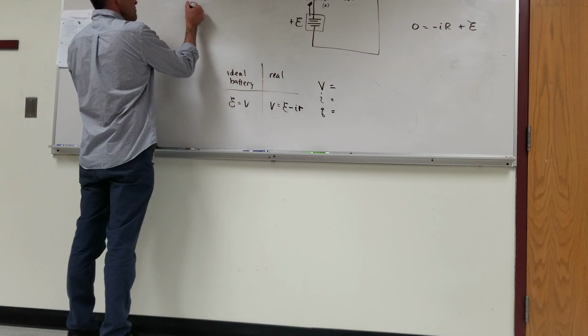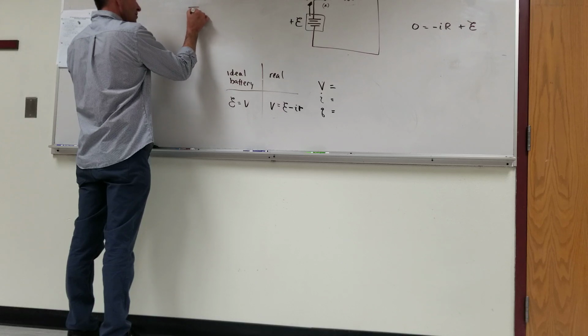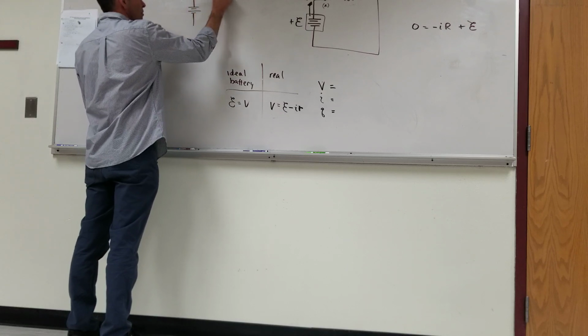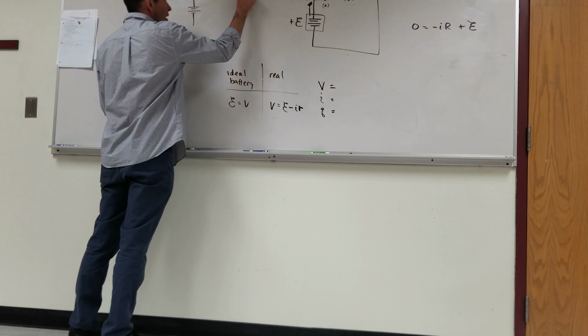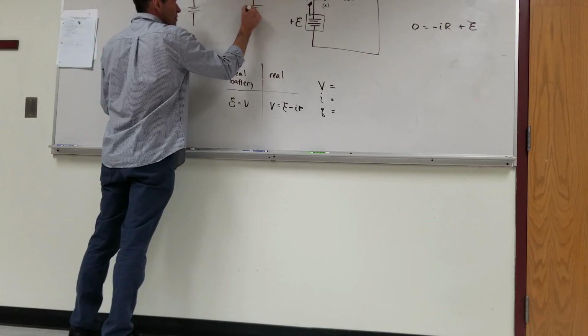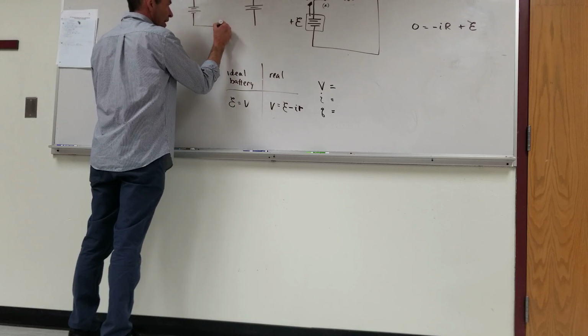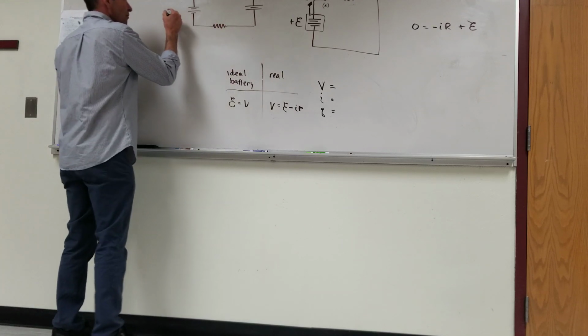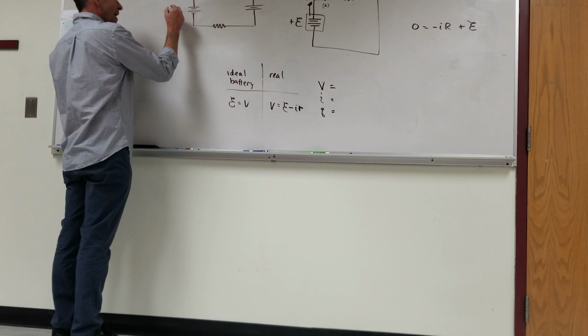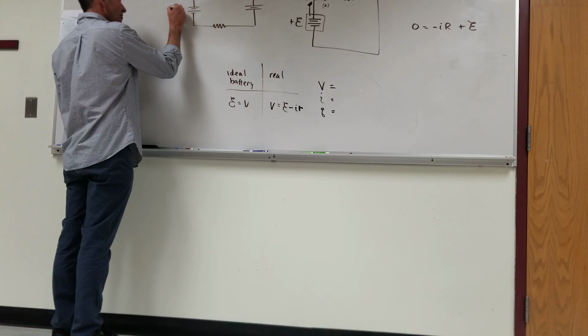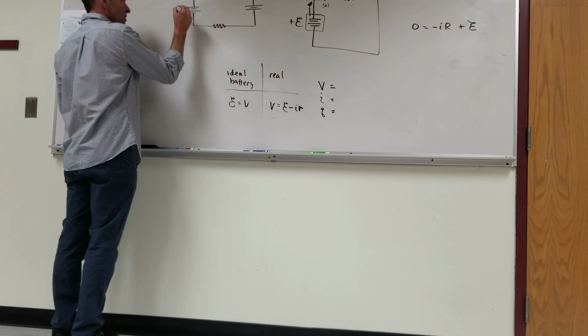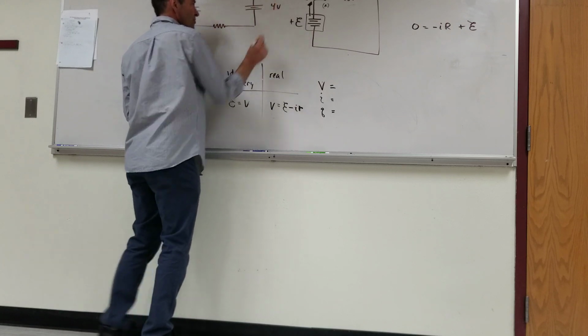Let's say we've got two batteries, and let's make them screwy so they're talking at each other. Let's go like this. We'll just make it slightly more difficult than the one before. And let's say these are ideal batteries, and let's say this has an EMF of 7 volts, and this has an EMF of 4 volts.